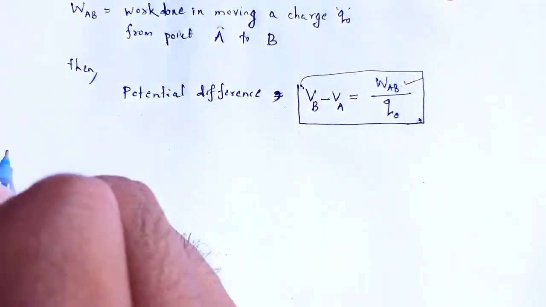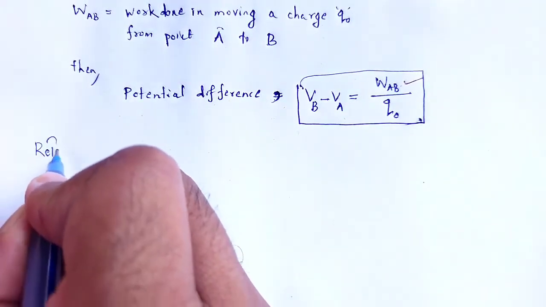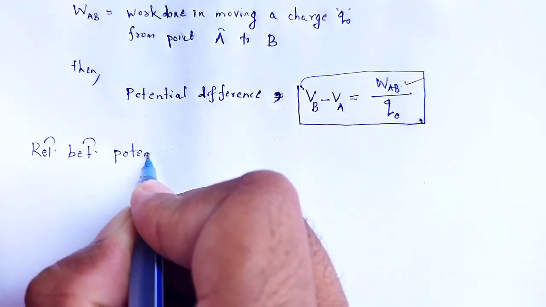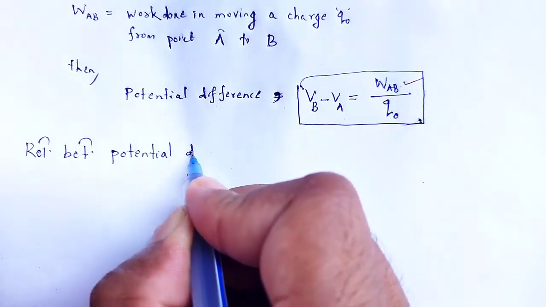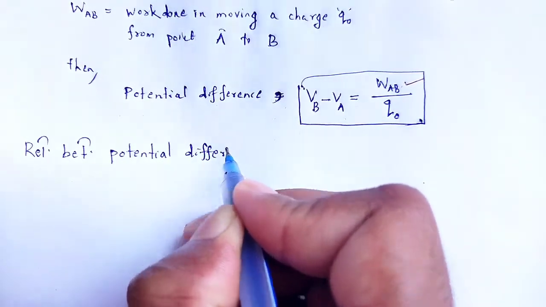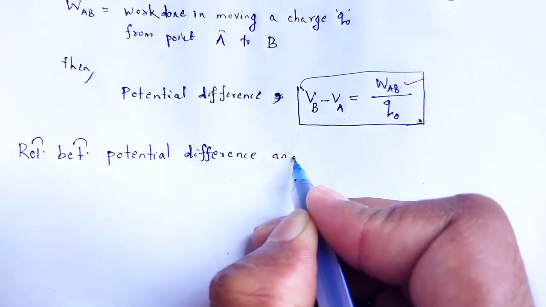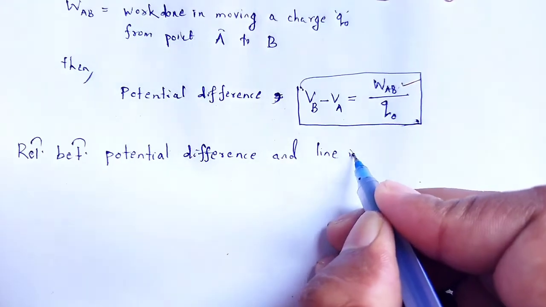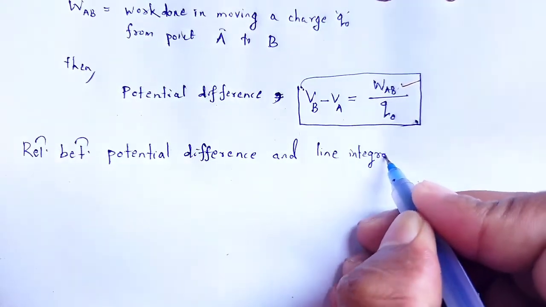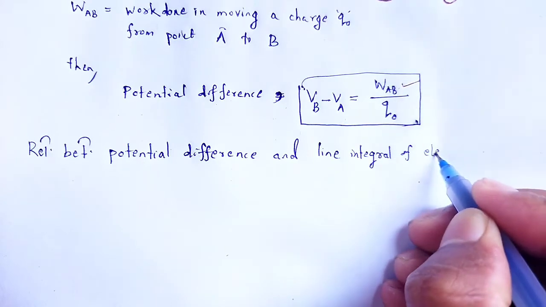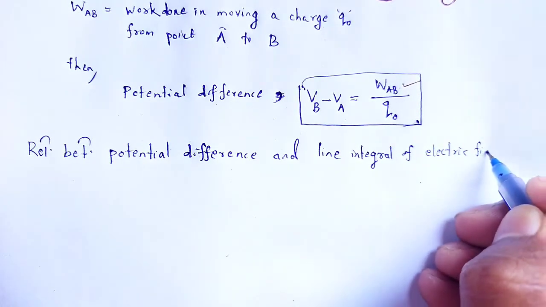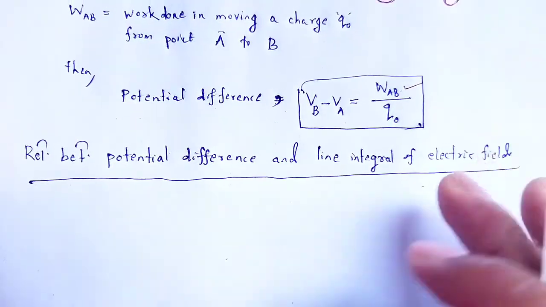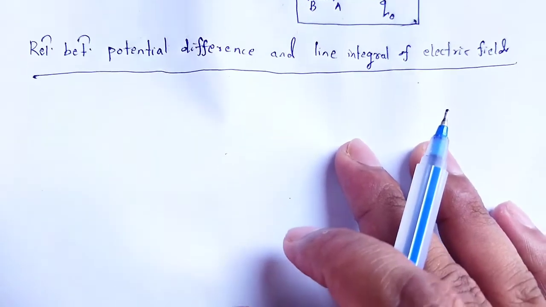The relation between potential difference and line integral of electric field, the relation between these two. How do we have to relate these two?